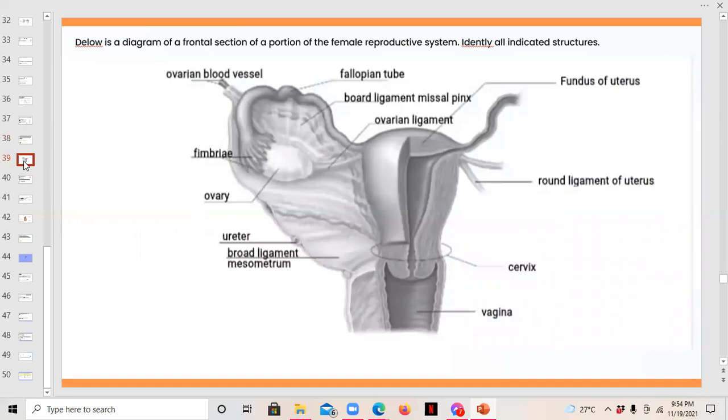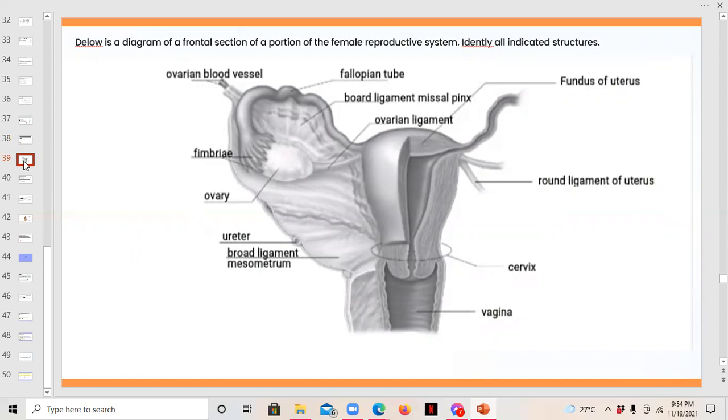Below is a diagram of a frontal section of a portion of the female reproductive system. Identify all indicated structures. On the left side, leader lines are ovarian blood vessel, fimbriae, ovary, ureter, broad ligament, mesometrium.